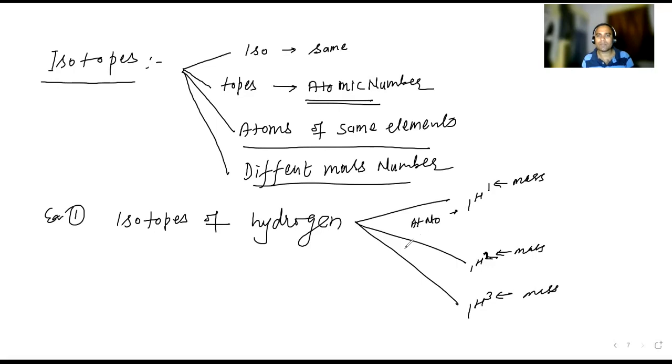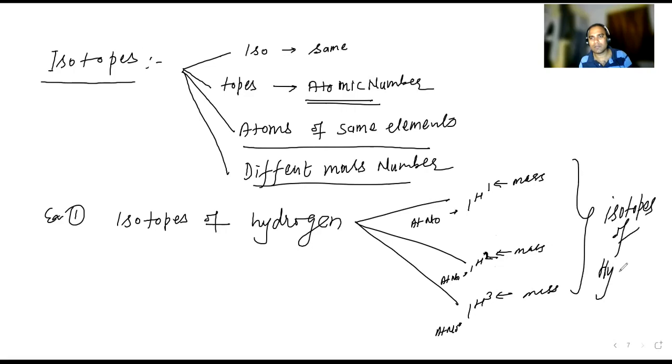They are all atoms of hydrogen element with the same atomic number 1, but the mass number is different: 1, 2, 3. So they are isotopes. Can you understand? Please make a note of it.